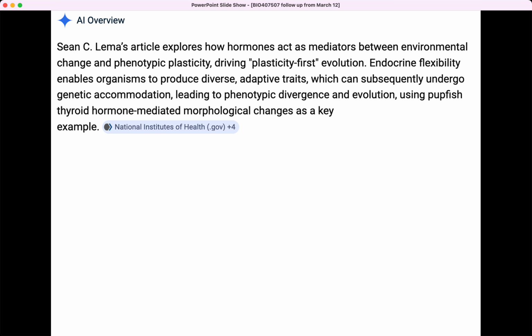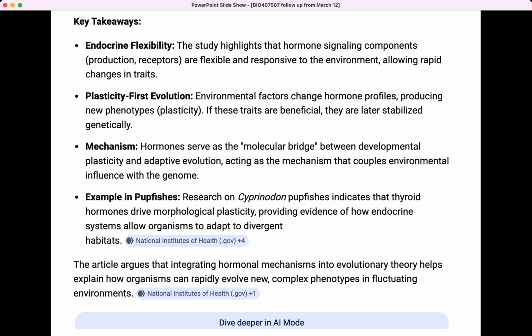And it turns out that evolutionary changes in the regulation, say amounts, levels, timing of thyroid hormone is thought to contribute to that.